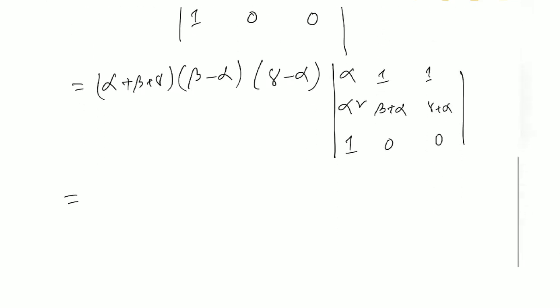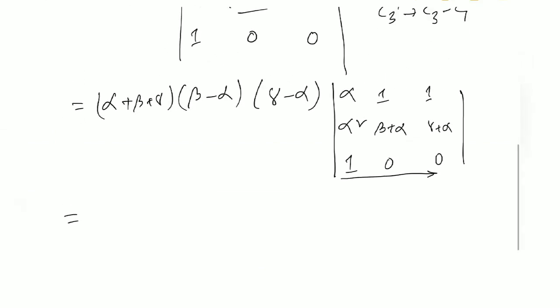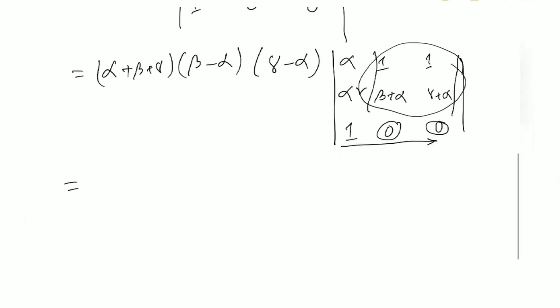Now you have to expand along R3. As you have 0 here, you have to write the cofactor of 1, and that will be the solution of your given determinant.